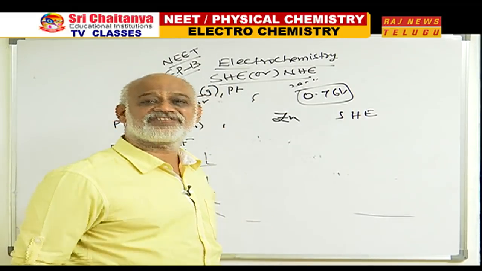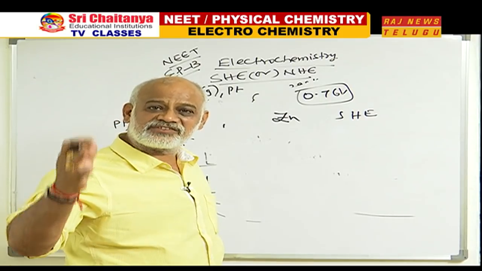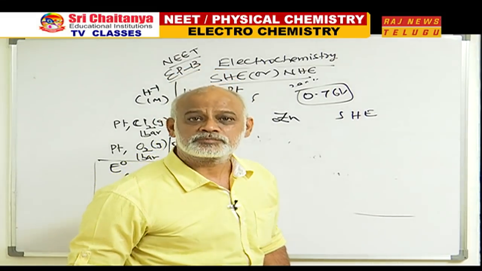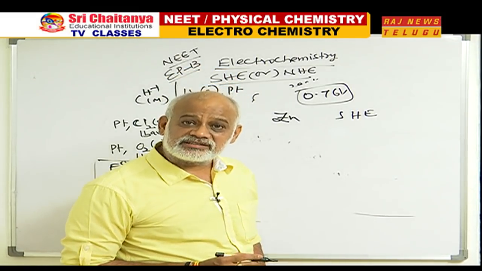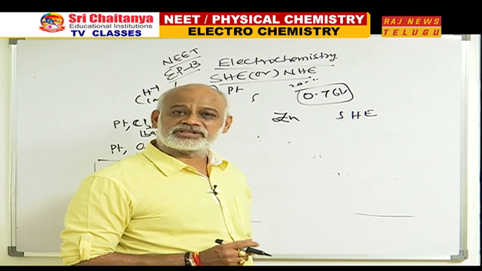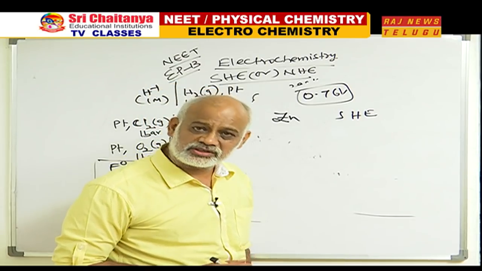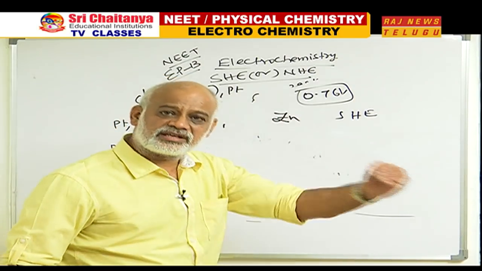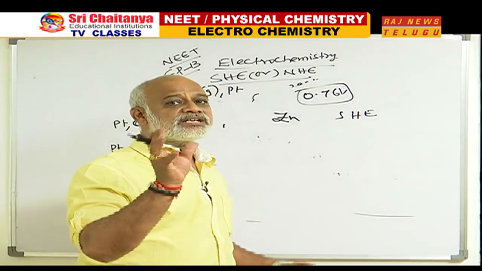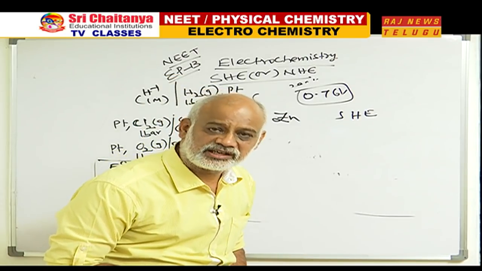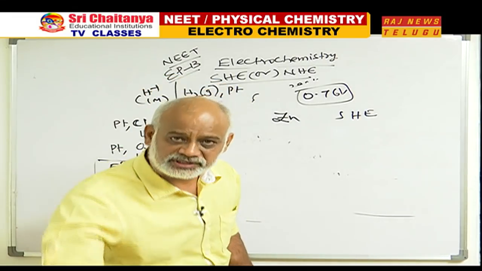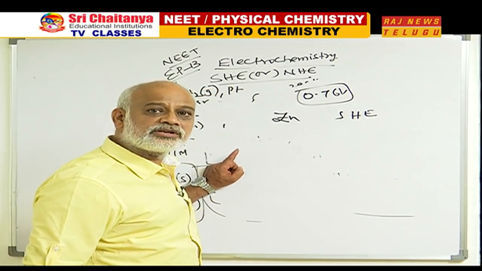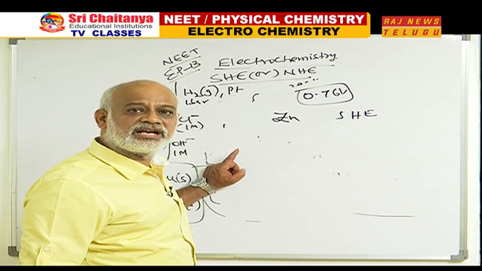That is the reason why we are taking the reference electrode as hydrogen electrode. Let me be very clear once again. By taking the standard electrode potential of hydrogen electrode as 0 and connecting it to some other electrode, whatever potential difference you get, the magnitude can directly be taken as the electrode potential of that particular electrode.